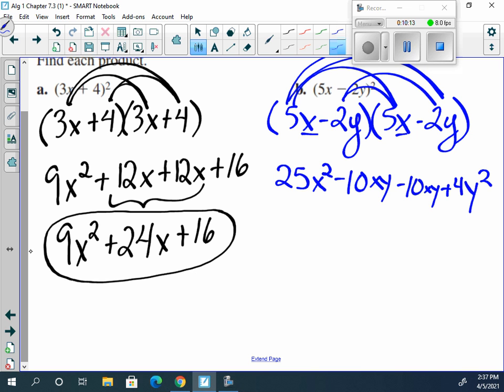Okay, well, we do have two like terms because the negative 10xy and negative 10xy do both have the same variables, xy, so we can combine those. So the 25x squared is going to stay by itself. Well, negative 10 minus 10 would be negative 20xy plus 4y squared.